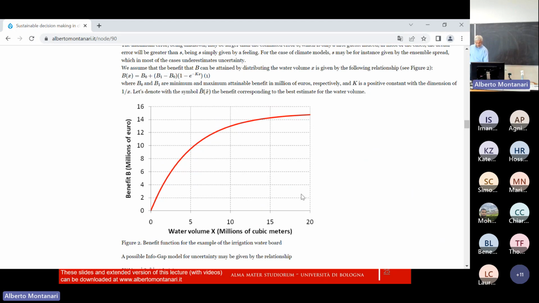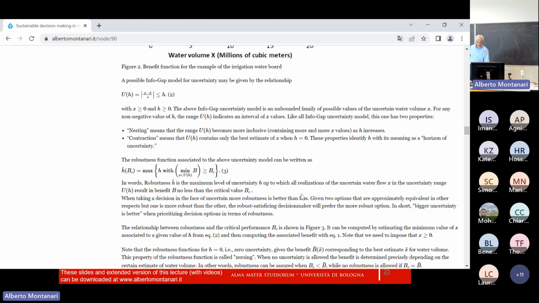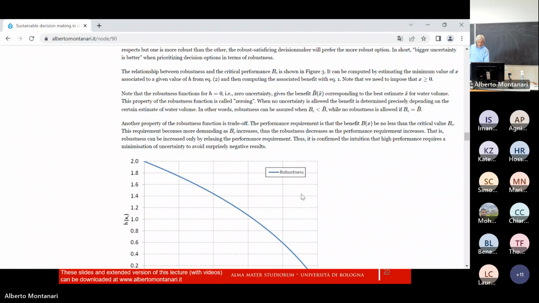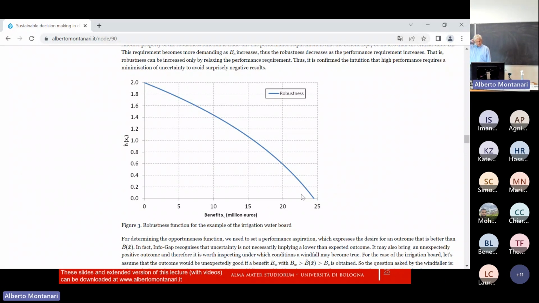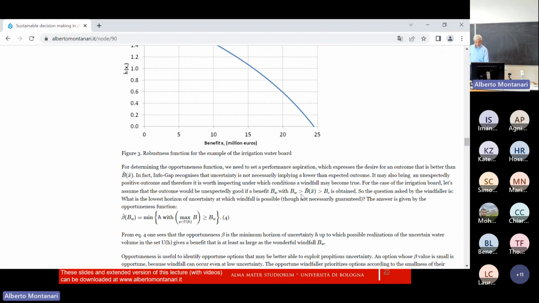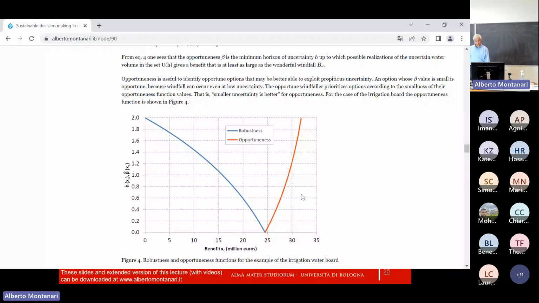And then by using a simple min-max function in Excel, or in R, you can find the robustness function and the opportuneness function. I did it in Excel actually, and you can recognize the graphs are made in Excel. I wanted also to reproduce them with you in the room, but I don't think we have time because we have a couple of hours of lectures.